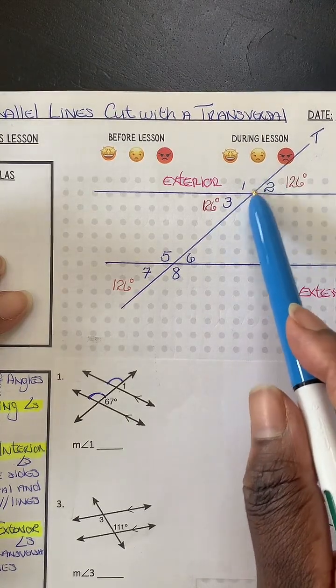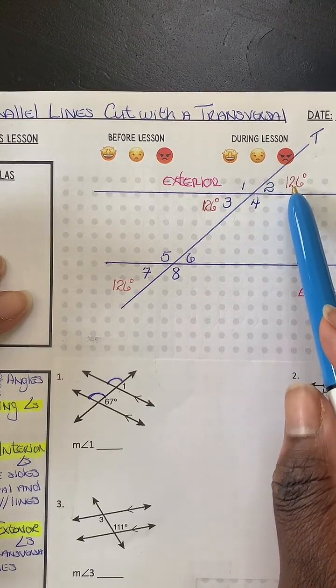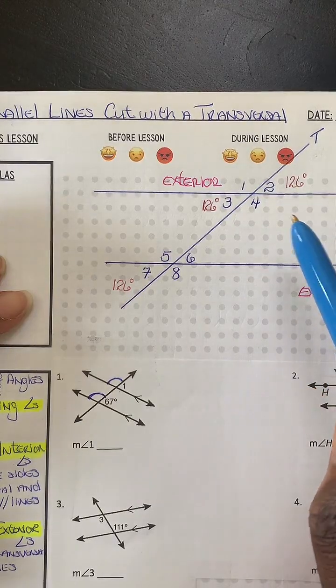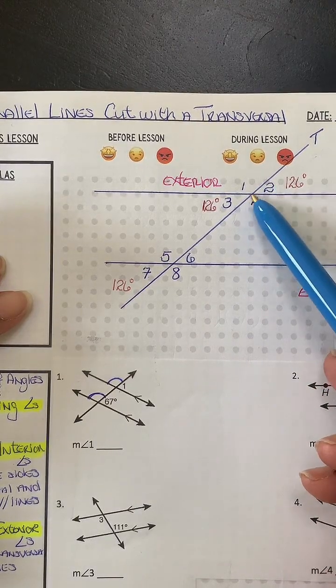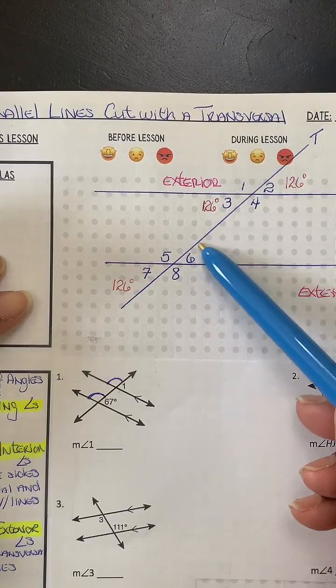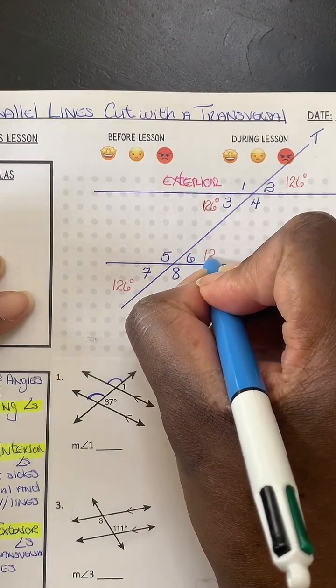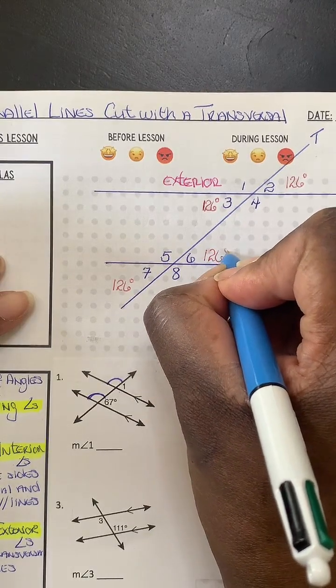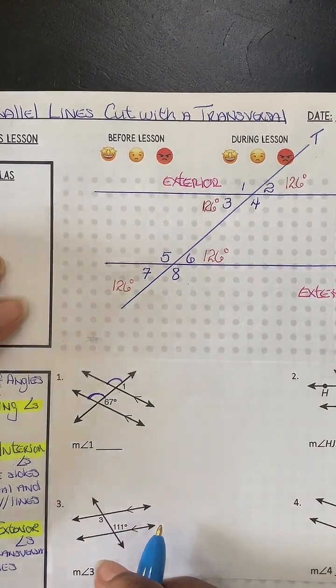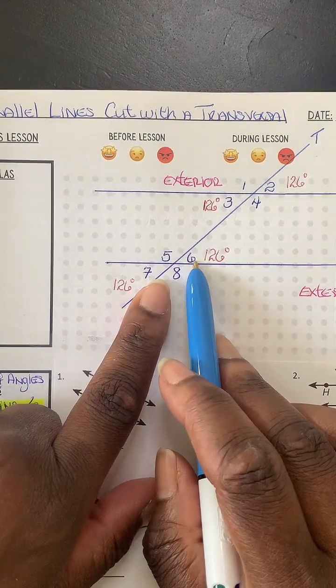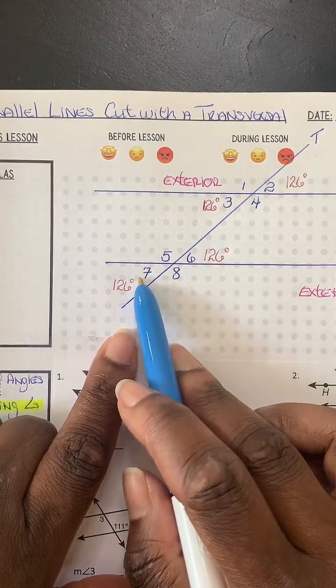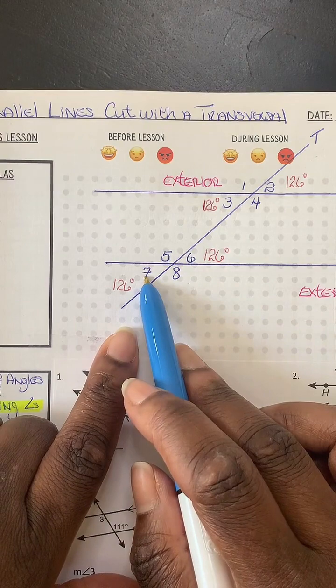Look how small that acute angle is. And we're saying it's 126 degrees, right? So if I trace 2 and I slide down, I'm going to hit angle 6. Plus, angle 6 and angle 7, they're vertical angles too, right?